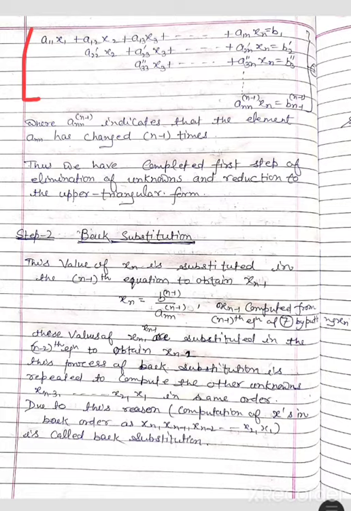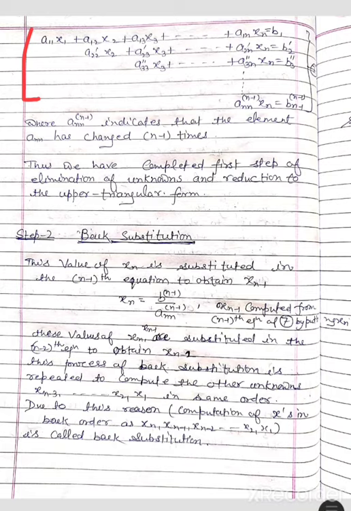Now in the last nth equation, a n minus 1 times prime xn equals bn minus 1 times prime.